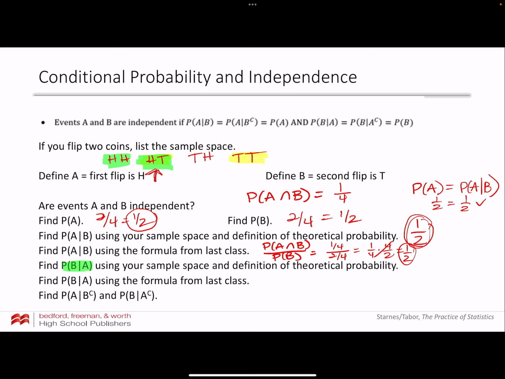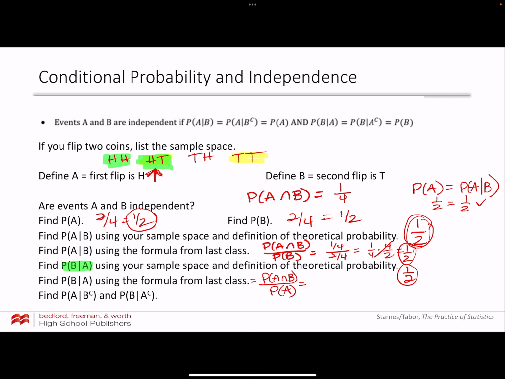So find the probability of B given A using our sample space. So again, we highlighted these things in green because the first flip being heads are those two ones in green. So what's the probability now that the second flip was tails? It's this one here. So it happens 1 out of 2 times, or in other words, 1/2 of the time. Now using our formula, we need the probability of A and B divided by the probability of A now, because A is the given part.